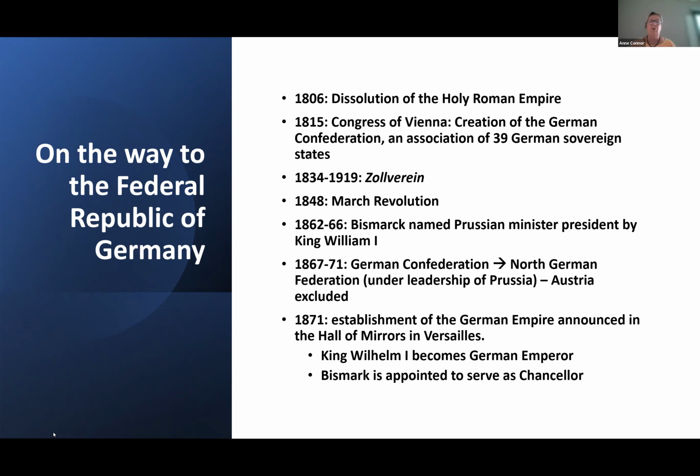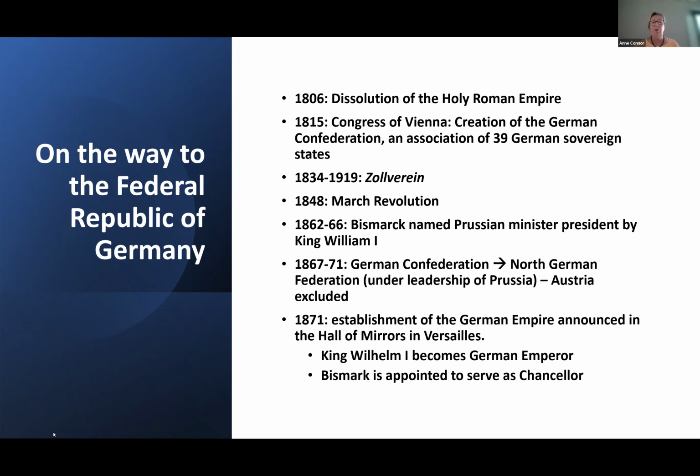Bismarck, no, in 67, sorry, to 71, there was a shift from the German Confederation to the North German Federation under the leadership of Prussia, from which Austria was excluded. They really pushed Austria out of the group.